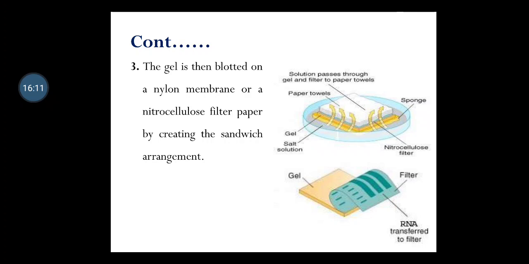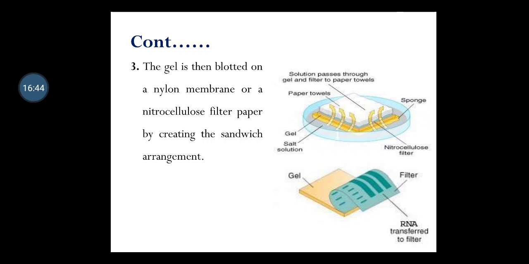In the third step, the gel is blotted on a nylon membrane or a nitrocellulose filter paper by creating a sandwich arrangement. But as we have discussed, nitrocellulose filter paper is fragile in nature, so wear and tear may occur during the blotting process. So nylon membrane is preferred by scientists to create the sandwich arrangement.